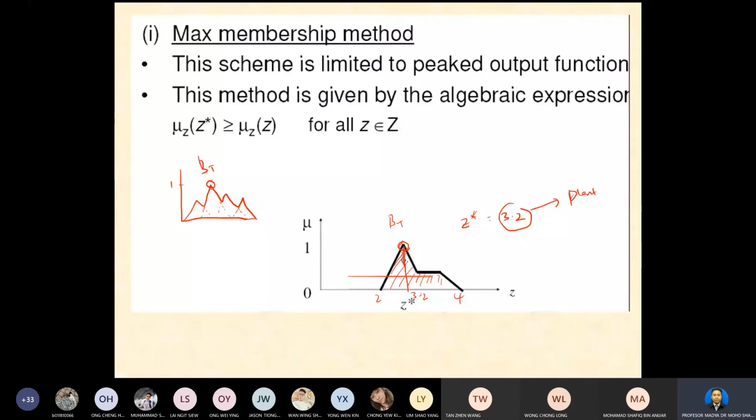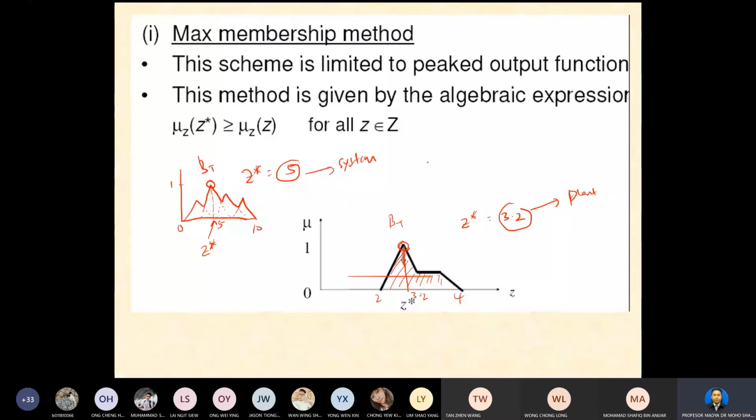Then we go down here, so this is actually our output, the Z star here. For example, this axis goes from 0 to 10, and here maybe it is 5. That's why our Z output will be 5. This value goes to our system, our plant.